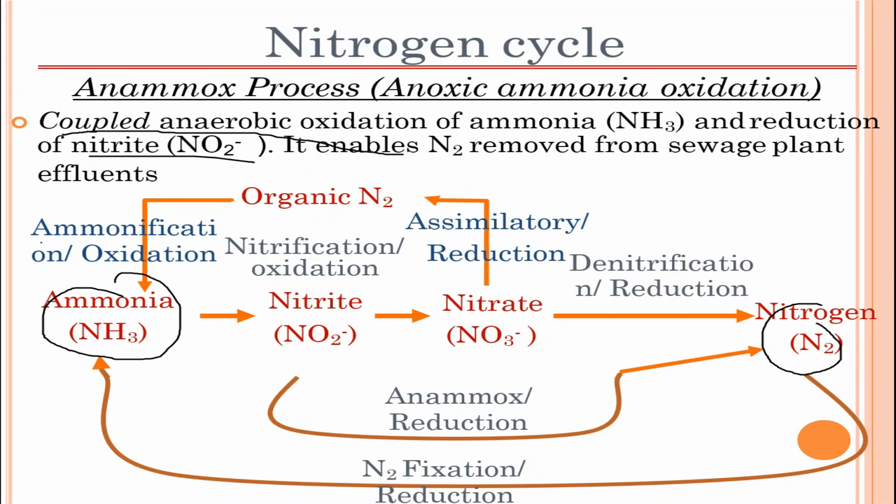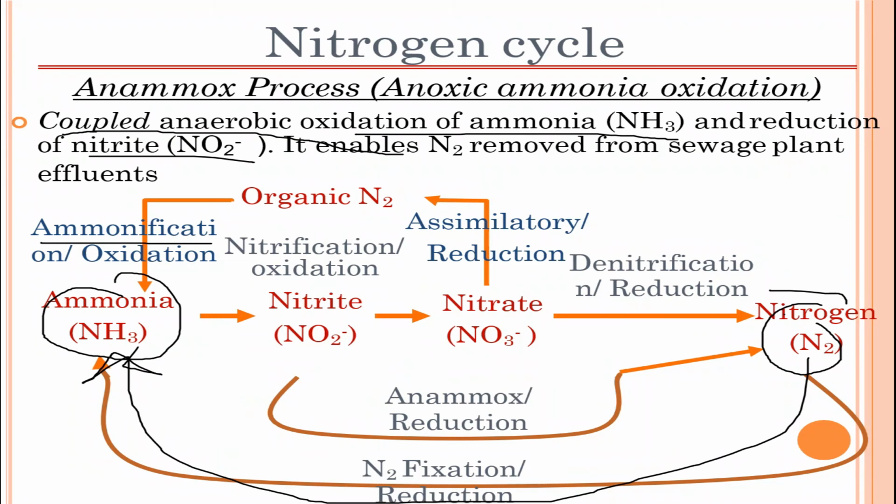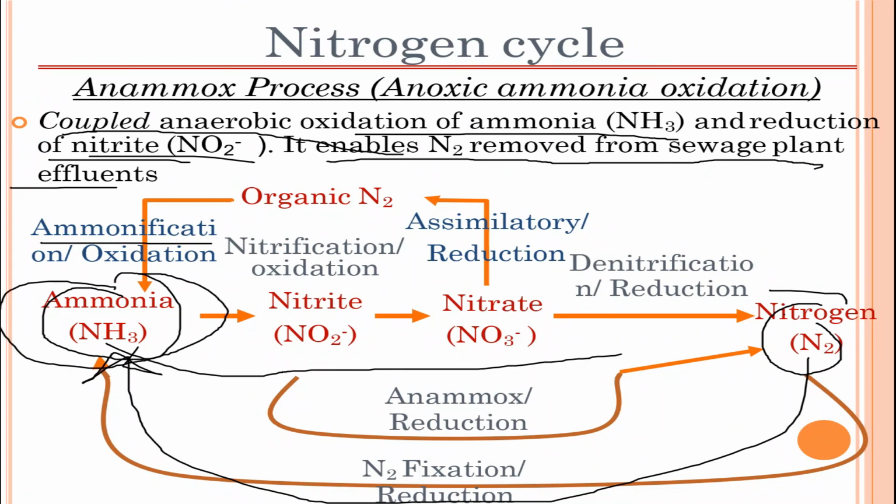So this can be said to be a modification as well, or we can say the reverse process of nitrogen to ammonia, which is nitrogen fixation, as we know. So basically what happens is coupled anaerobic oxidation of ammonia takes place with reduction of nitrate. It enables NO2 to be removed from sewage plant effluents. So it's a double process in which ammonia gets oxidized to nitrogen, or nitrogen can be reduced or fixed, which is known as nitrogen fixation.